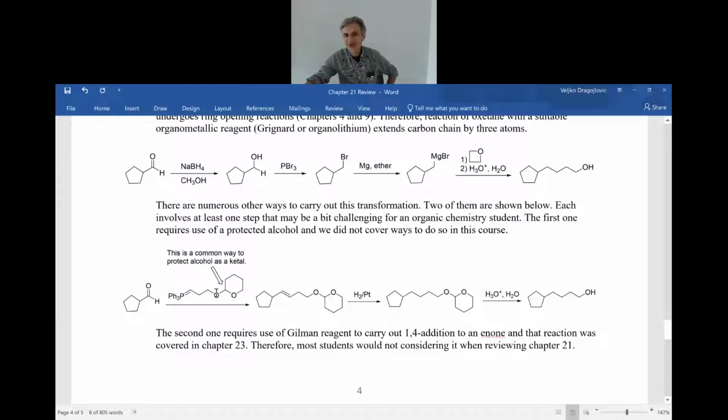So you prepare this protected Wittig reagent. Reaction with aldehyde gives a double bond here, and then hydrogenation. Actually, it's probably a cis double bond. It doesn't really matter because we hydrogenate it anyway. Hydrogenation gives a straight chain, and then hydrolysis of the ketal gives the desired alcohol. So that's a little bit shorter procedure.